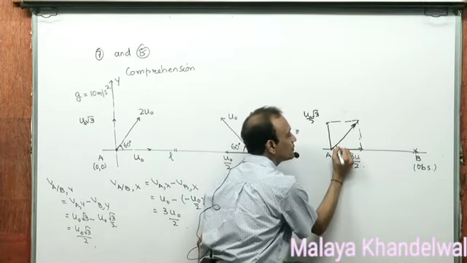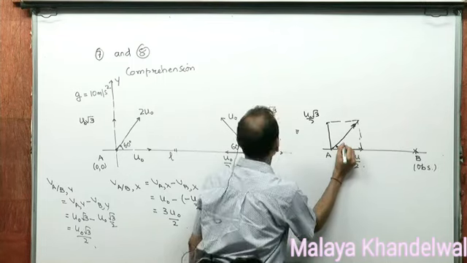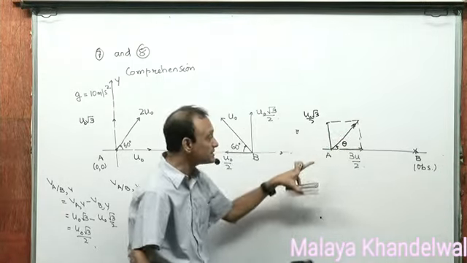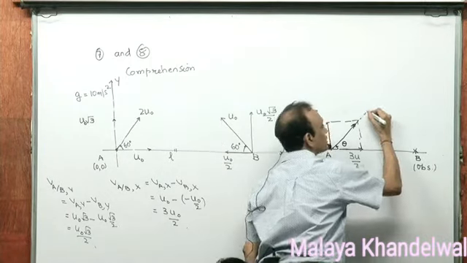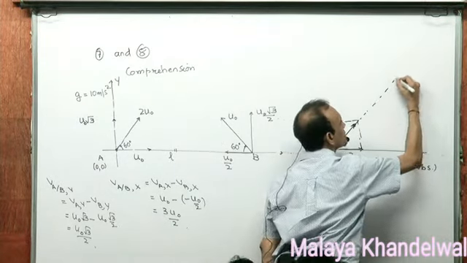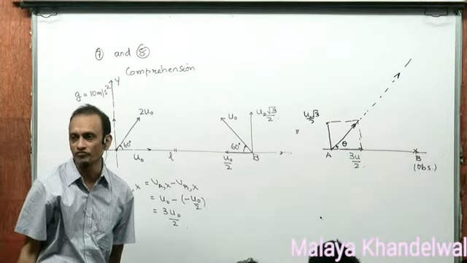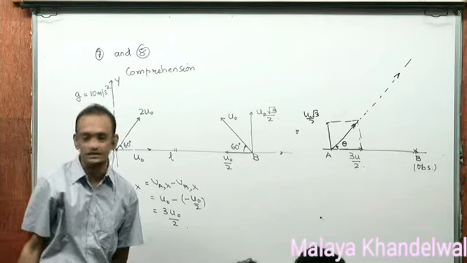And this will make an angle, say theta with the horizontal. That means A will continue to move in this direction with the same speed as reported by B. This would be the trajectory of A as seen by B at all times, right?